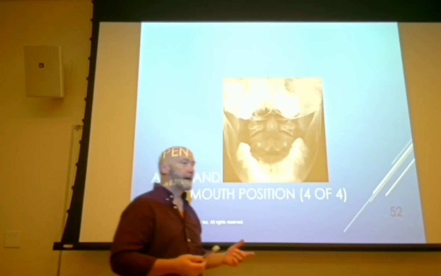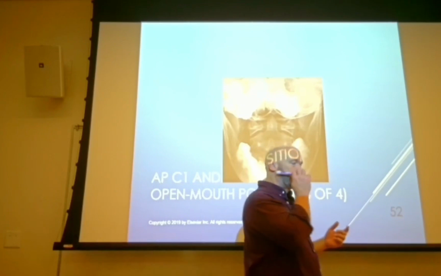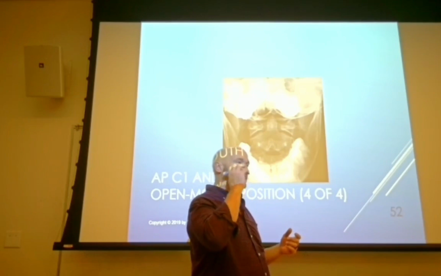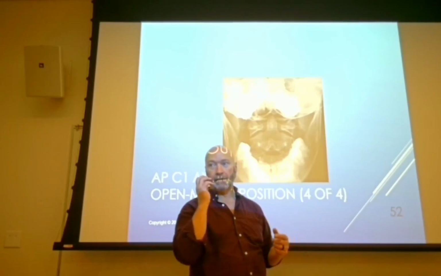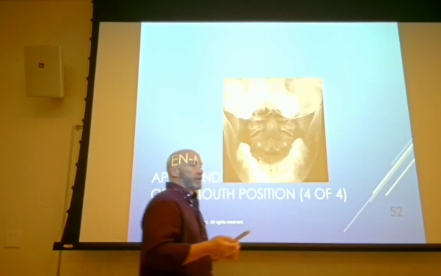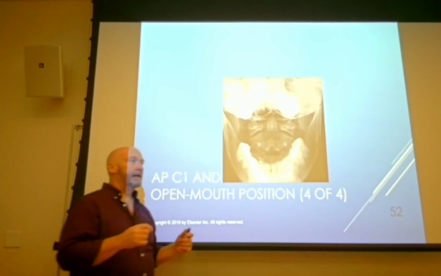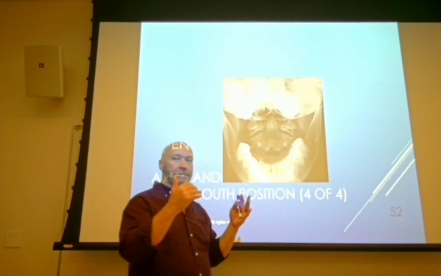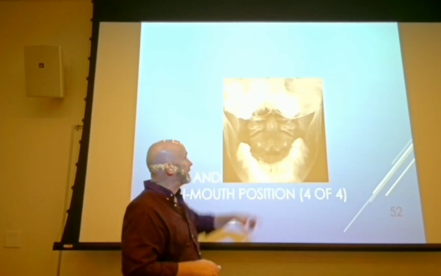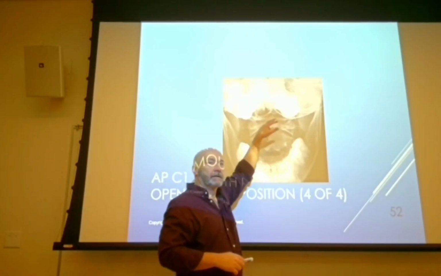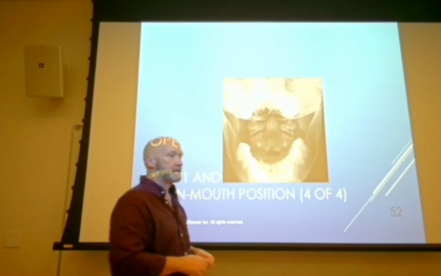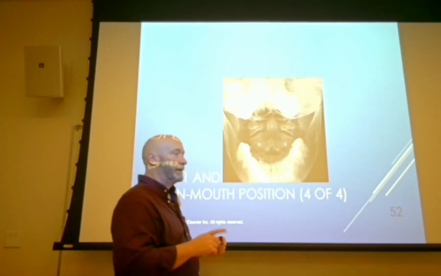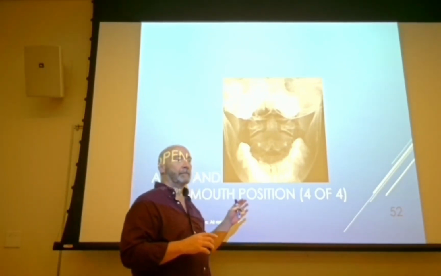So what you would do in that case, if you can't put the patient's acanthomeatal line perpendicular to the image receptor, you can angle the central ray parallel to the acanthomeatal line, right? So whatever angle the patient's head is at, you would angle the central ray parallel to the acanthomeatal line to try to get as much of the odontoid process as possible. Okay, that's step number one. Step number two would be to have the patient be real still, but open.